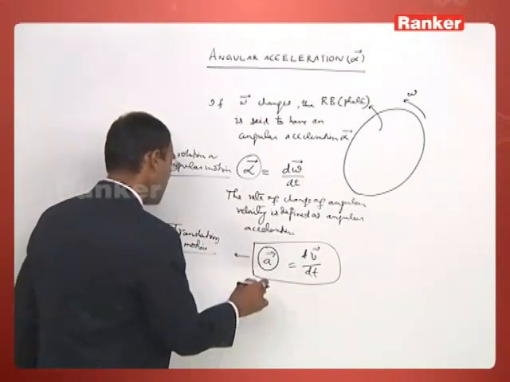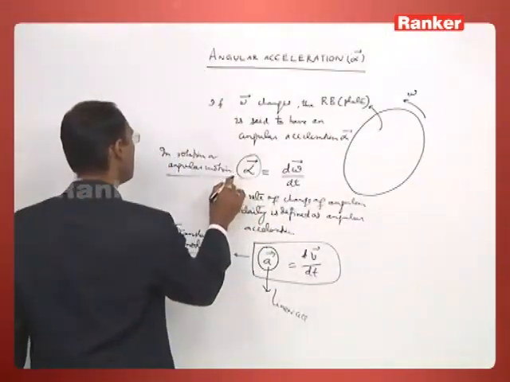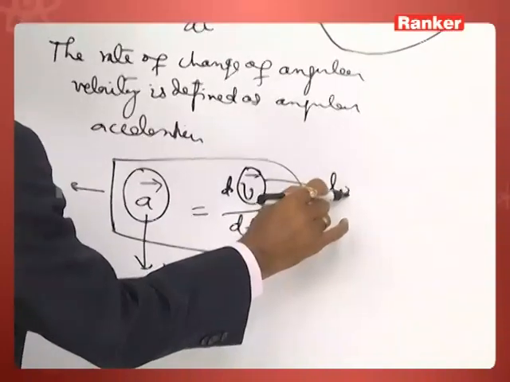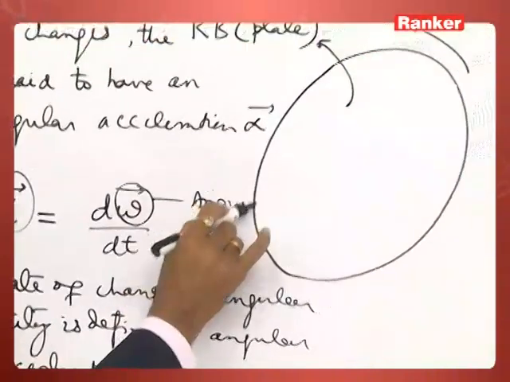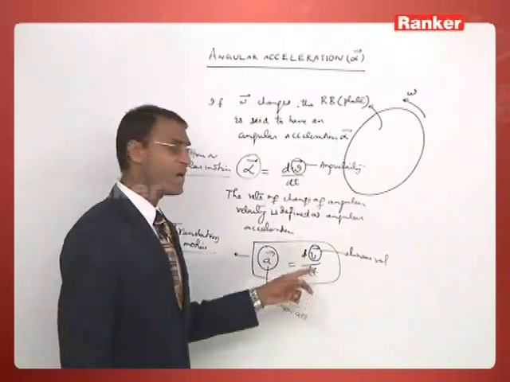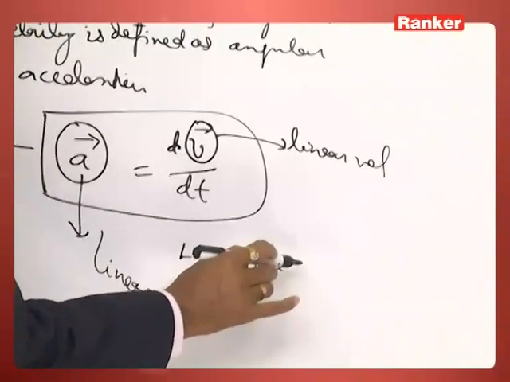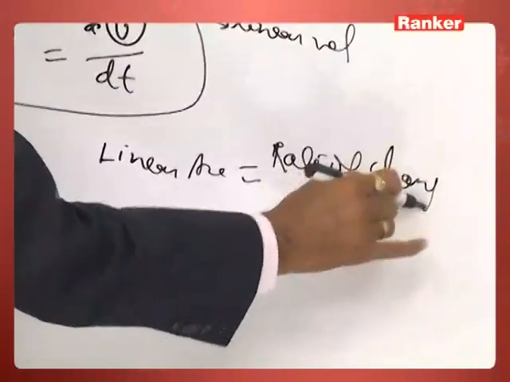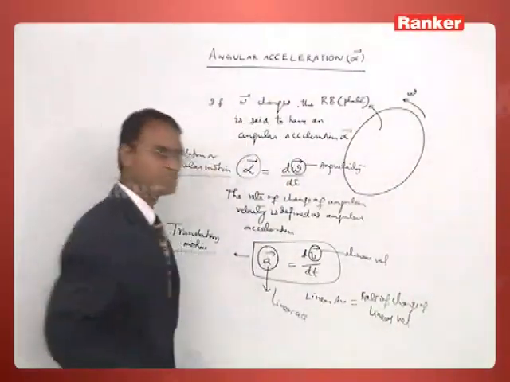Therefore, it is called linear acceleration. Linear acceleration, and this is called angular acceleration. This is called linear velocity, and this is called angular velocity. Linear acceleration is defined as the rate of change of linear velocity. Linear acceleration is equal to rate of change of linear velocity.